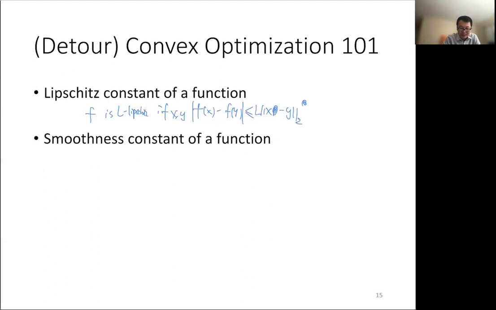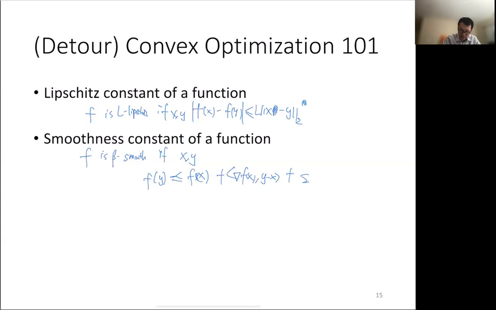In addition, the Lipschitz property of the gradient gives us even stronger smoothness properties of a function. We say that f is beta smooth if for any x and y, f of y is upper bounded by f of x plus its linearization, plus half beta times the squared norm of y minus x. So it is upper bounded by a quadratic approximation of f at x, dominated by this quadratic function.